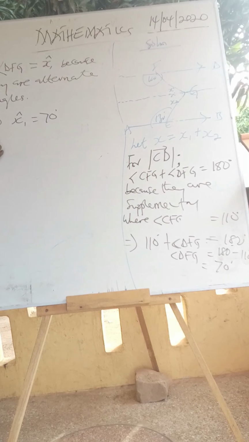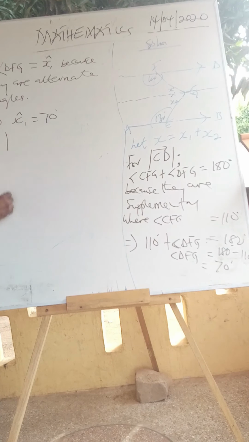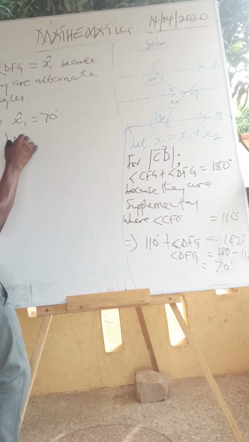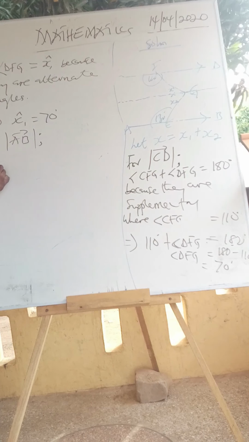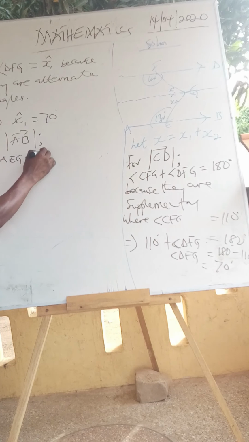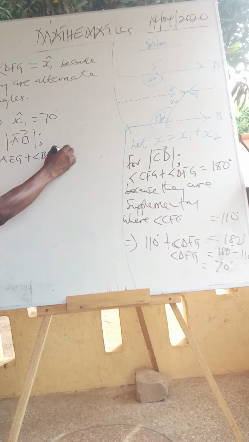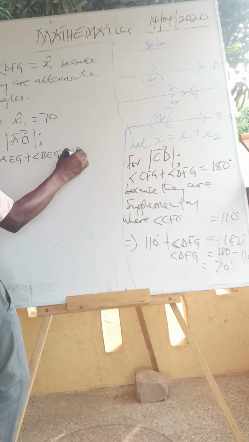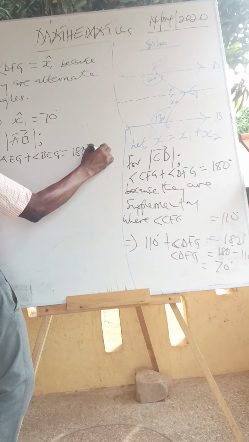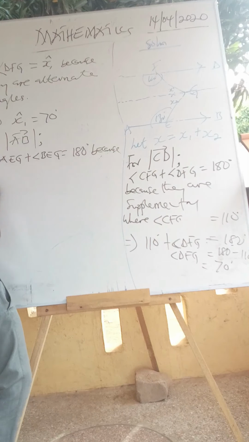So you say for line AB, angle AEG plus angle BEG equal to 180 degrees because they are supplementary.